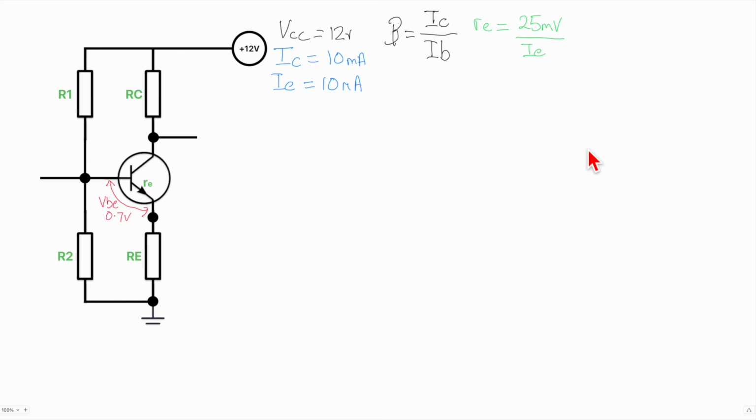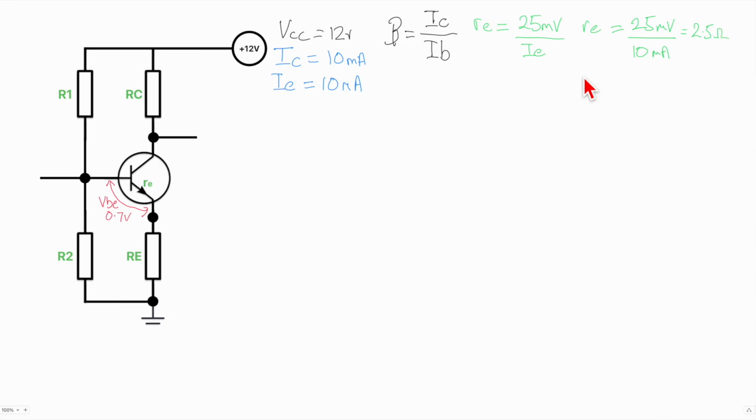So if we put this in here, that means that little r e, I'm trying to put the resistances in green and the currents in blue and the voltages, when we get to them, in red, but the wheels may fall off that one. So little r e will be 25 millivolts divided by 10 milliamps, which equals 2.5 ohms. So it's a very small amount.